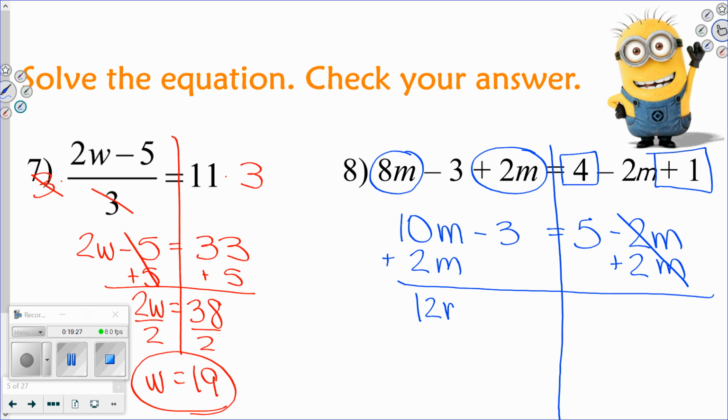So we have 12m minus 3 equals 5. Good. We'll add 3. So 12m equals 8.